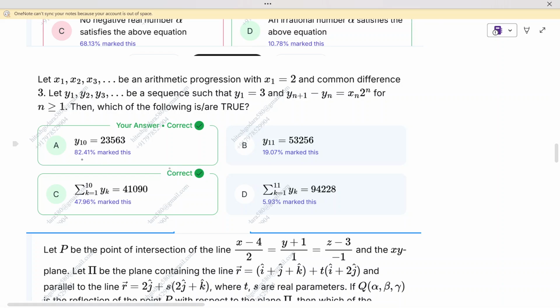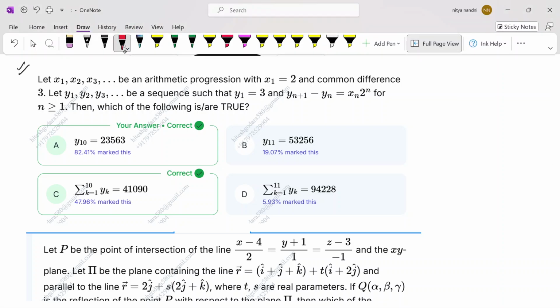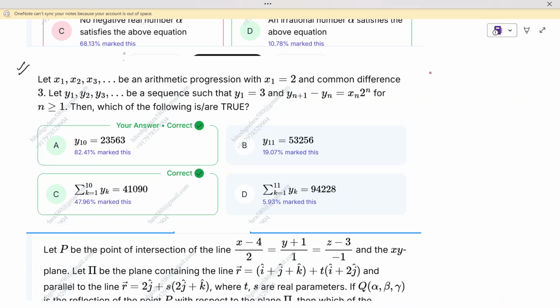Now look at this question. This again is sequence. So x1, x2 be an arithmetic progression with x1 equal to 2 and common difference is 3, okay?